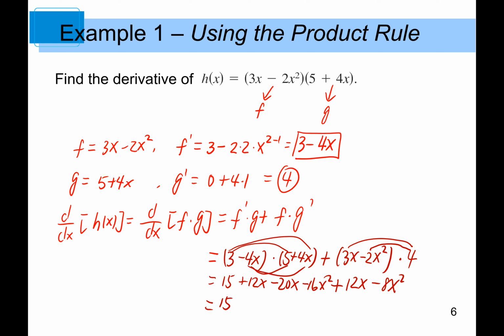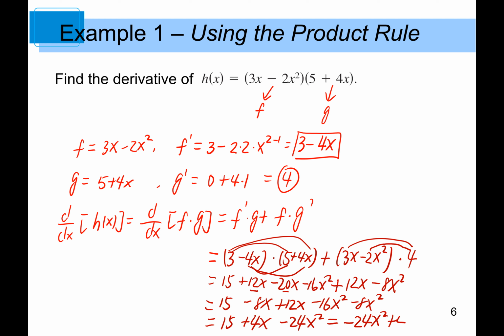So 15 remains. 12x minus 20x gives us minus 8x, plus 12x, minus 16x squared, minus 8x squared. So this becomes 15 plus 4x, since 12 minus 8 is 4, minus 24x squared. If you rewrite it in decreasing order in terms of x, that would be negative 24x squared plus 4x plus 15. Okay, so that's going to be the final answer.